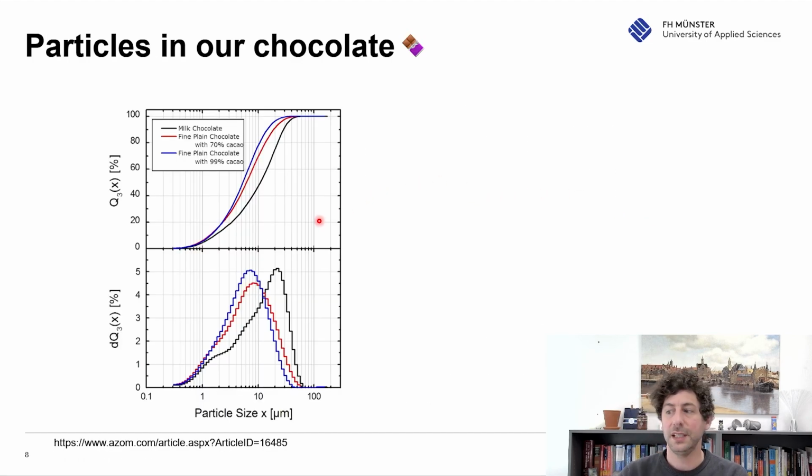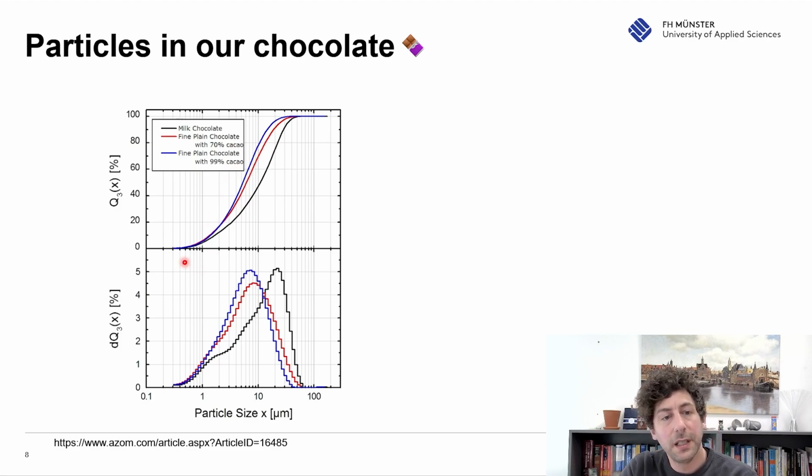So here we see size distributions. And these size distributions are two diagrams. Both are the same data, same measurements, but different depictions. And you see milk chocolate is the black one here and here. And then we see chocolate with 70% and with 99% cacao.